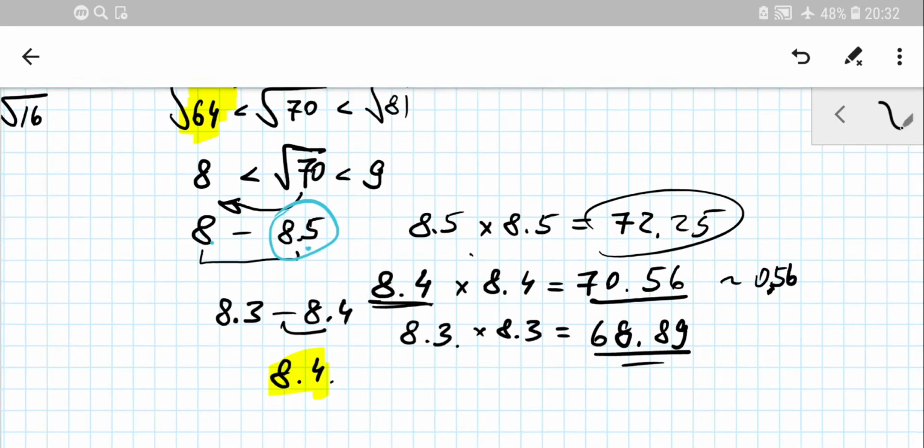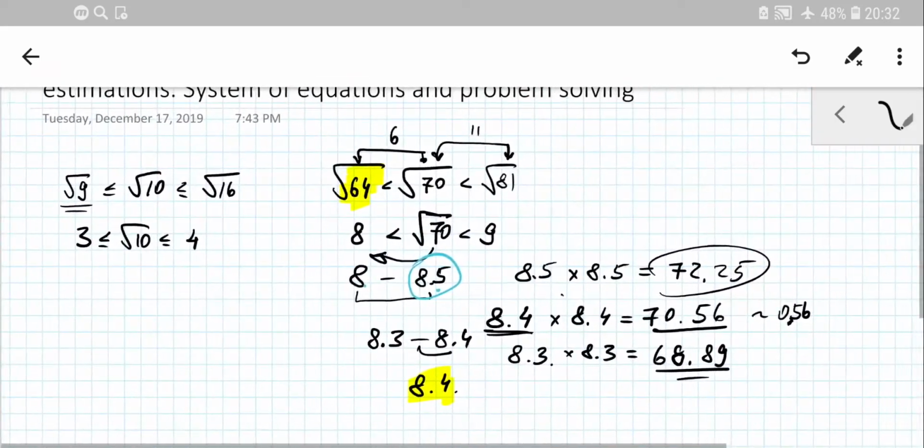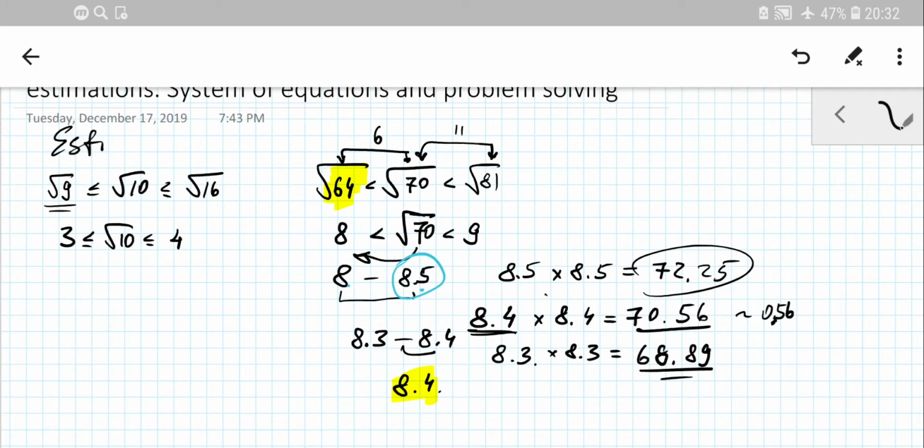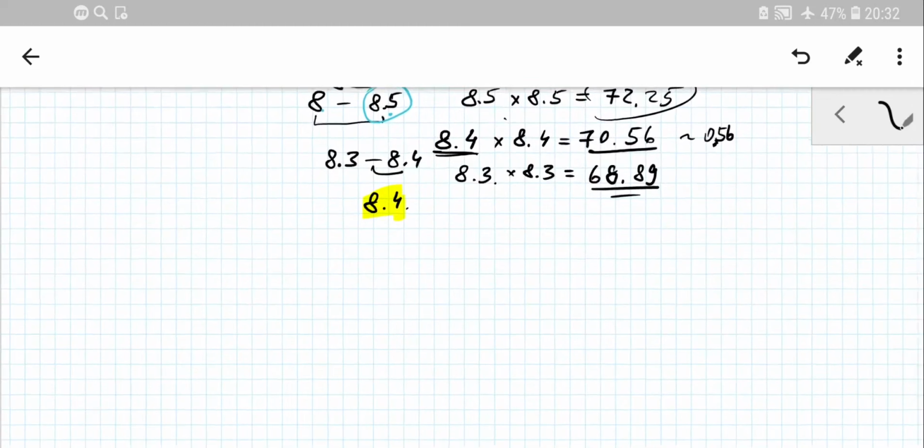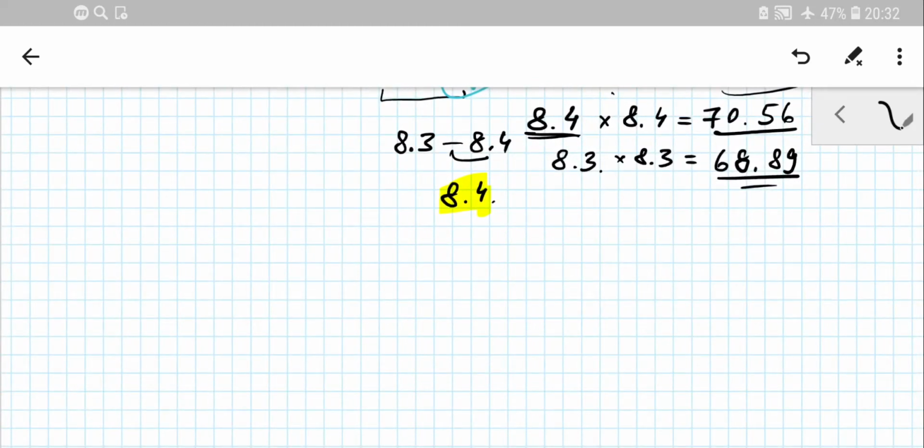Okay, so where can you meet this sort of example? That's estimation. For example, you need to estimate a specific expression without using a calculator.